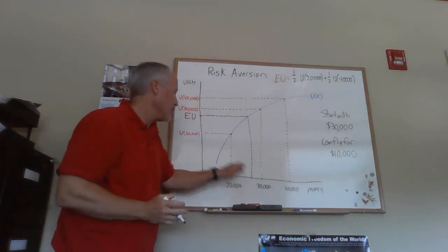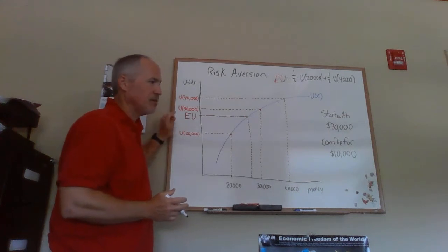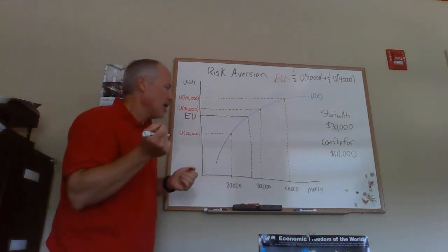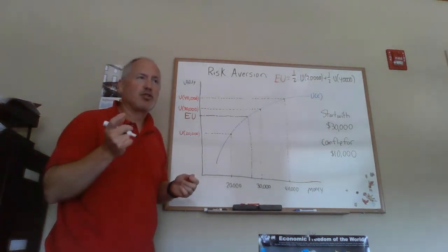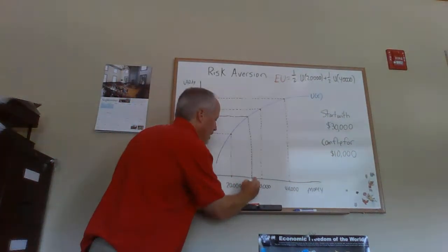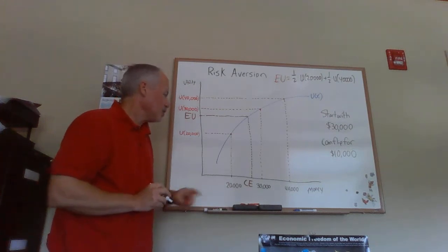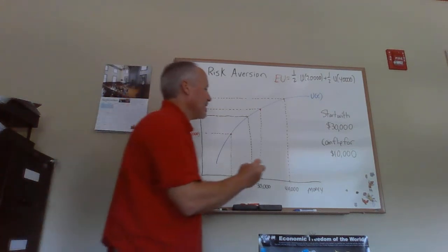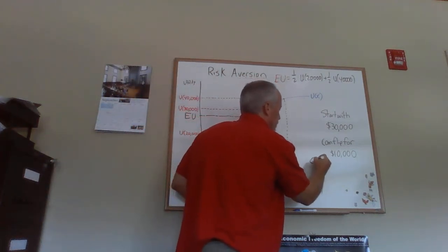You get a dollar amount that's associated with this utility of money. That dollar amount has a special term. It's not used in our book, but we can abbreviate it CE, and that's a certainty equivalent.